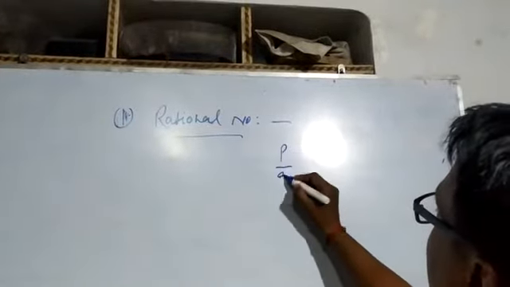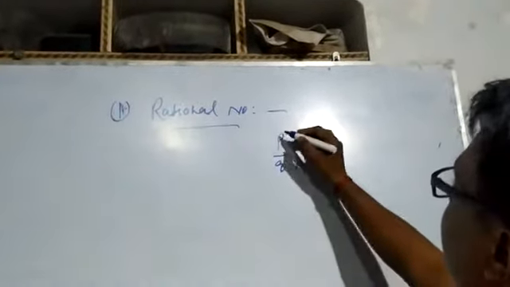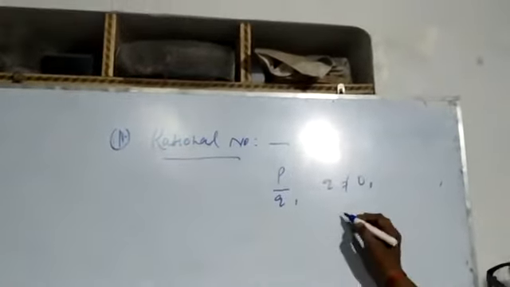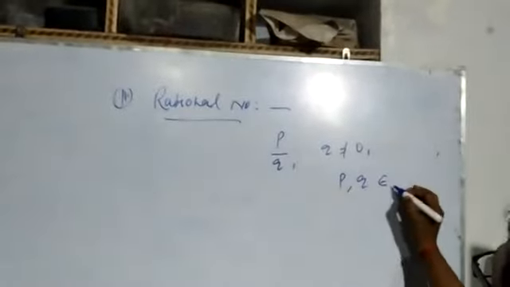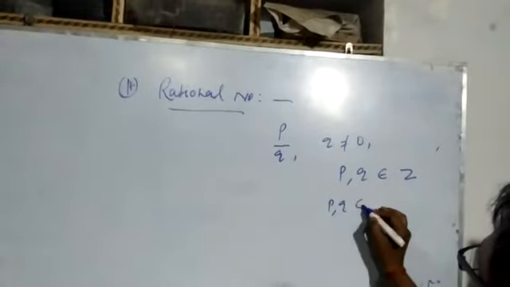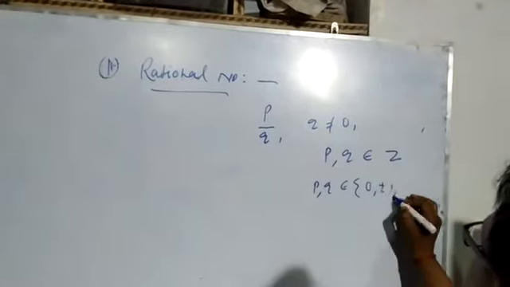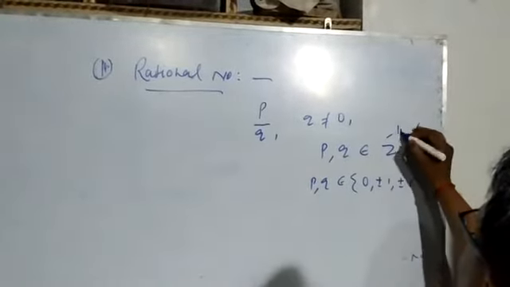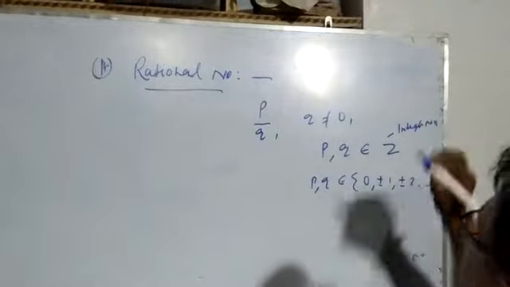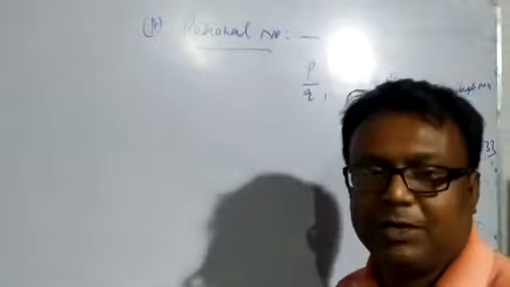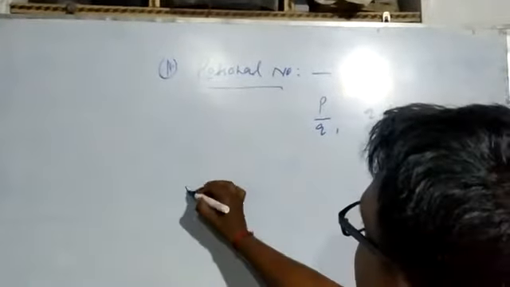The number which is in the form of p by q is called a rational number, where q is not equal to 0, and p and q belong to Z. It means p and q belong to 0, plus or minus 1, plus or minus 2, plus or minus 3. Z means integer numbers.